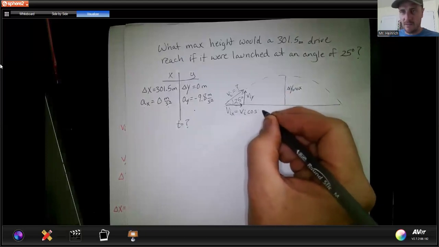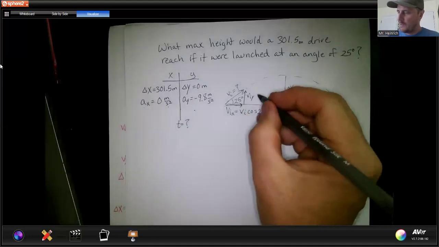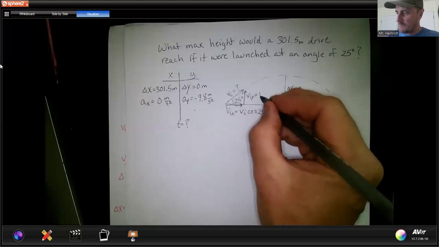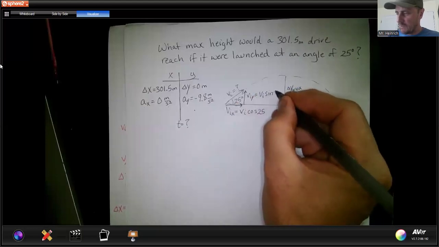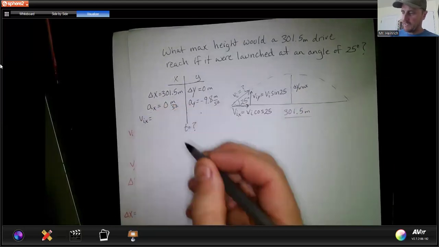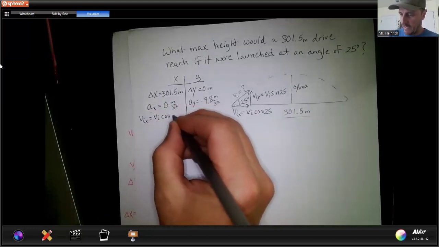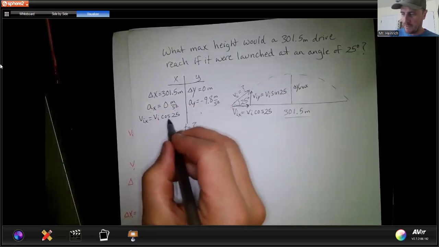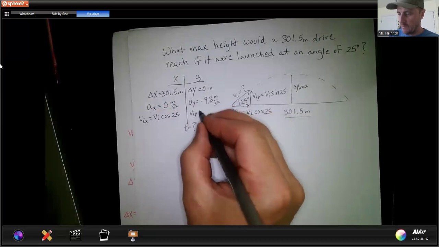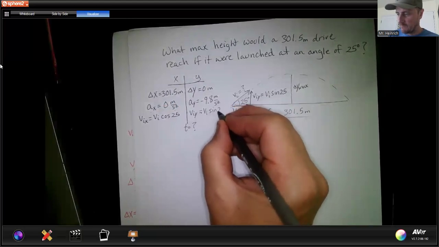And you could say theta here if you wanted to stay generic, but I'm going to do a hybrid of both. So I'll have VI cosine 25. And here, since we're in the opposite side, we're doing VI times the sine of 25, right? So in these givens, VIX is kind of known. Half of the expression at least is known, cosine of 25 times some unknown initial velocity. And VIY, the Y component, is that hypotenuse times the sine of 25.